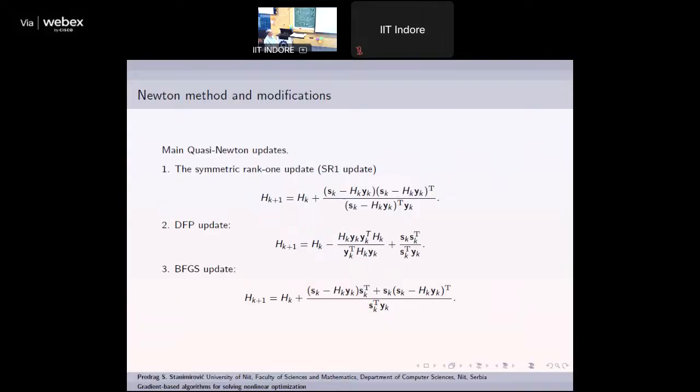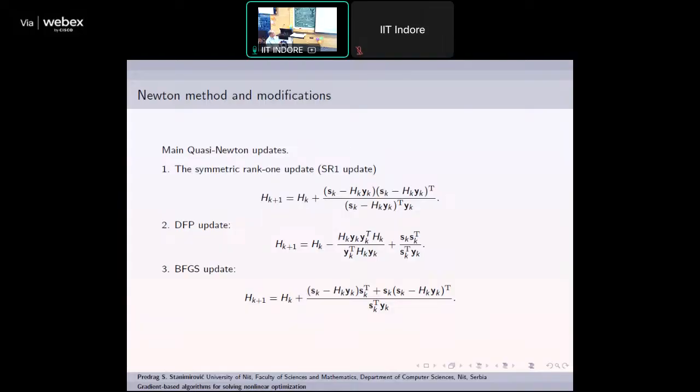Here are several rules about quasi-Newton updates. A typical requirement is that the quasi-Newton update should be positive definite, because the Hessian matrix of second order partial derivatives is symmetric, positive definite.